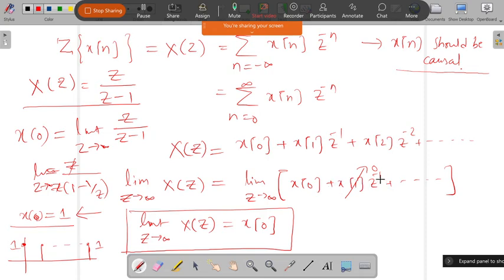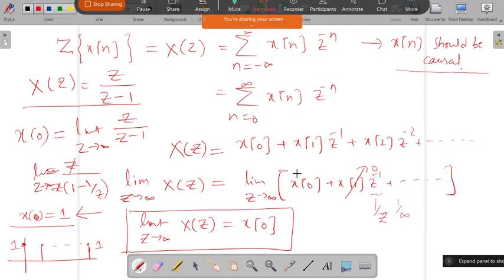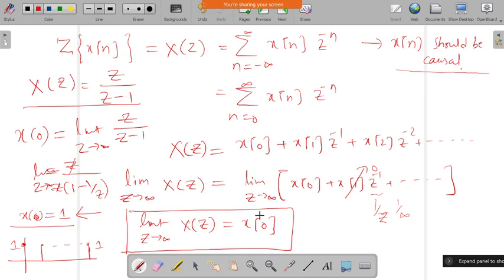Wherever the z term is there, this will apply. So z inverse means 1 over z. Now if I apply z tends to infinity, 1 by infinity goes to 0, and similarly all the other terms also go to 0. We are left with only x of 0. So x of 0 is equal to limit z tends to infinity X of z. This is the proof of the initial value theorem.